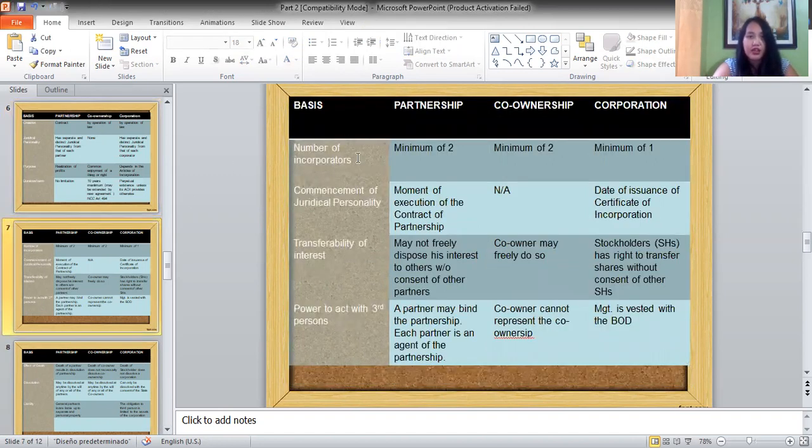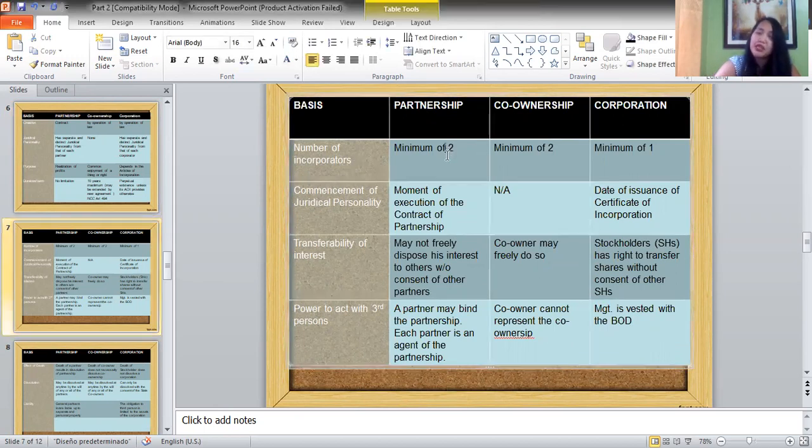Ito naman tayo sa number of incorporators. Sa partnership, minimum of 2. Yeah, 2 or more, sabi din sa partnership definition, di ba? Sa co-ownership, minimum of 2 din, 2 or more. Corporation, minimum of 1. Di ba ngayon class, meron na kasi tayong tinatawag na one-person corporation, so pwedeng isang tao na lang mag-create ng corporation.